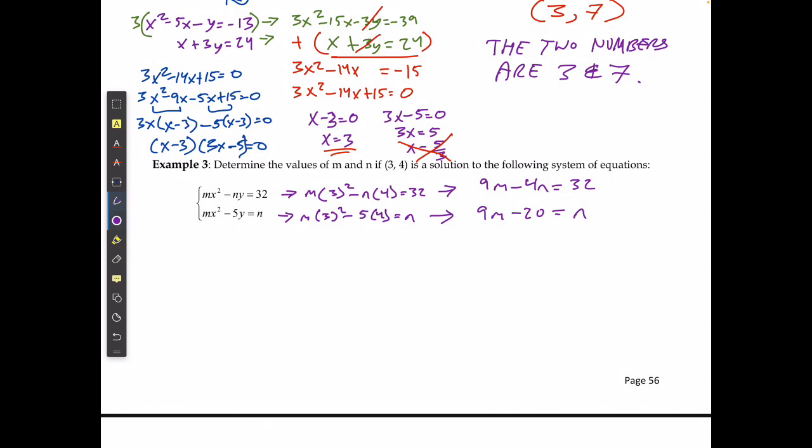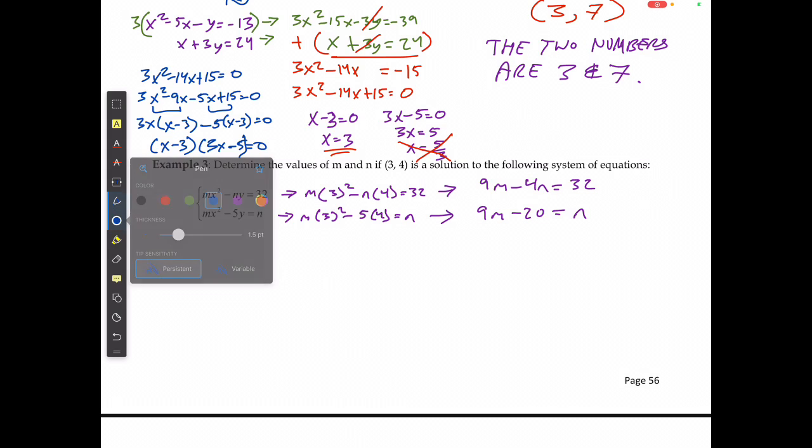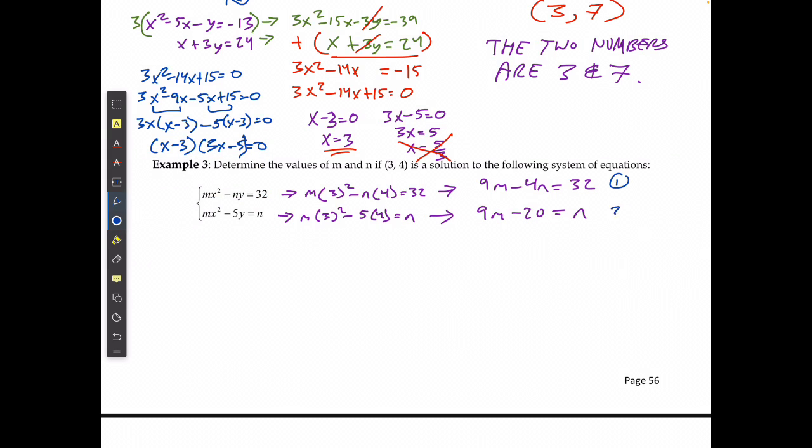If I know that 9m minus 20 is equal to n in the second equation, I can just substitute that into the first equation. For equation 1, 9m minus 4 times 9m minus 20 should give me 32. 9m minus 36m plus 80 is equal to 32.